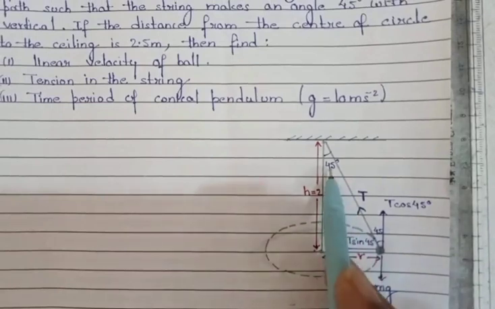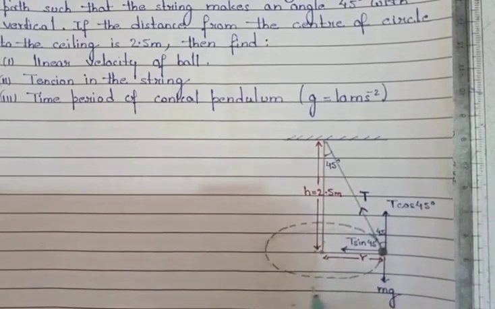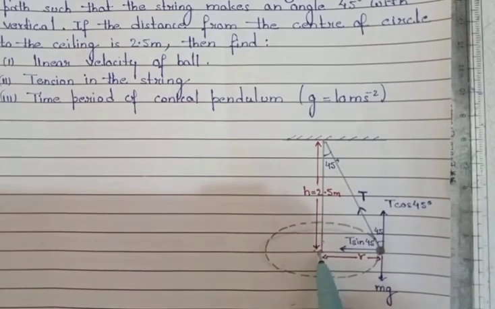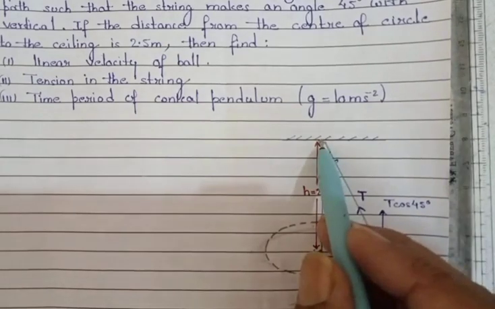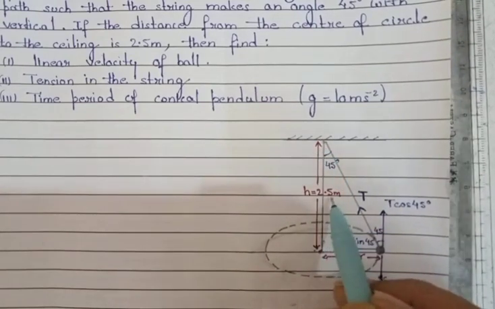The string is making an angle of 45 degrees with the vertical. Then the question says they have given you the distance from the center of the circle to the point of attachment, that is the height, as 2.5 meter.